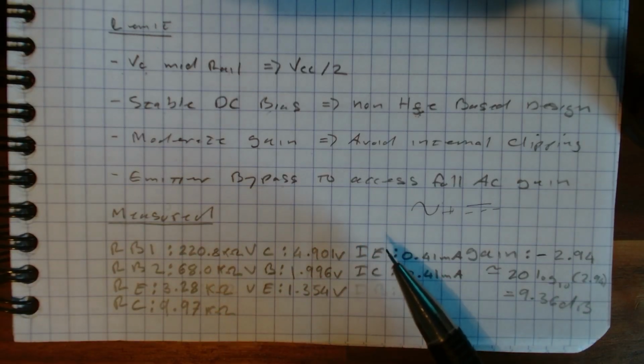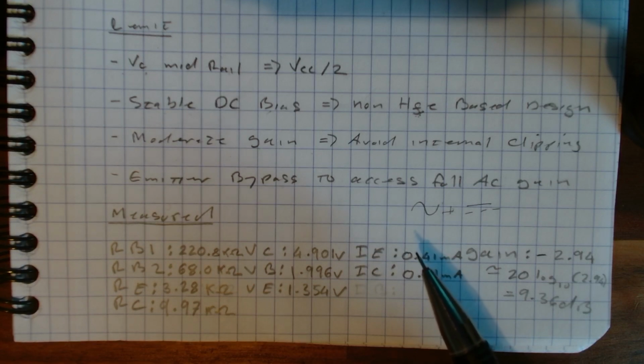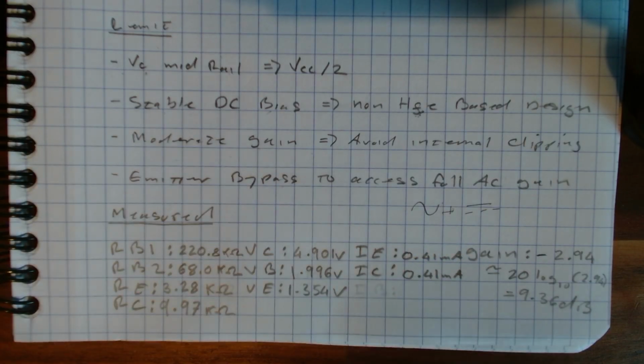When we run the currents, which we worked out in the math was going to be 0.45 milliamps, we can see that we've got 0.41 milliamps. Now that's some drop, that's 0.04 milliamps less.